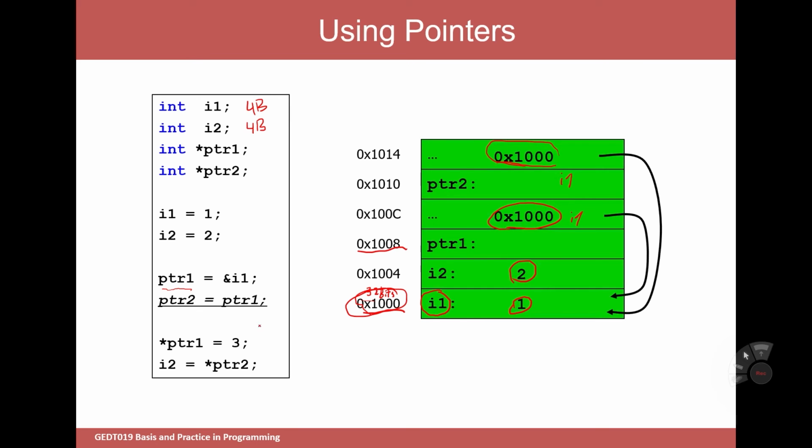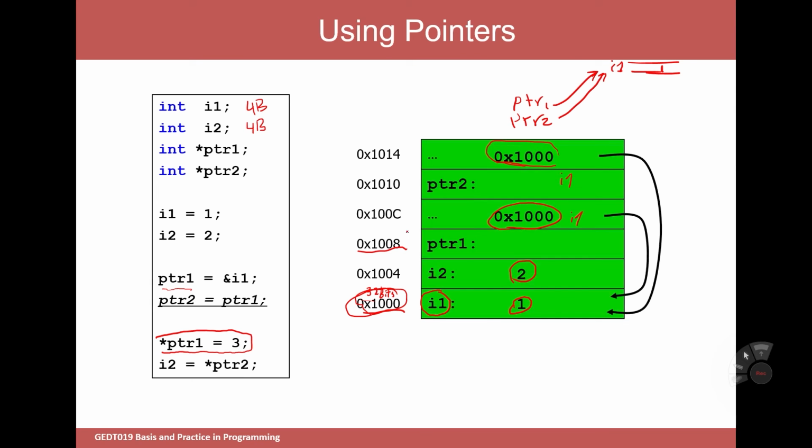Then after that, now the dereferencing. Here, PTR1 and PTR2 are both pointing to I1, and I1 contains one value. So there are 2 pointers pointing to the same variable.